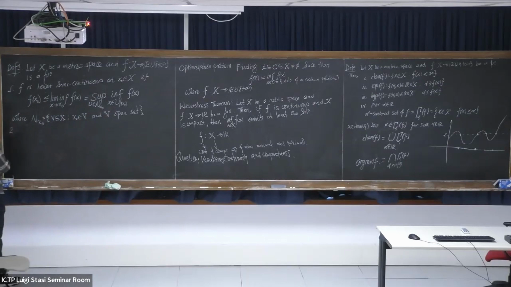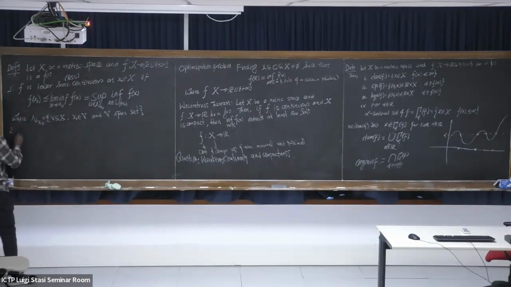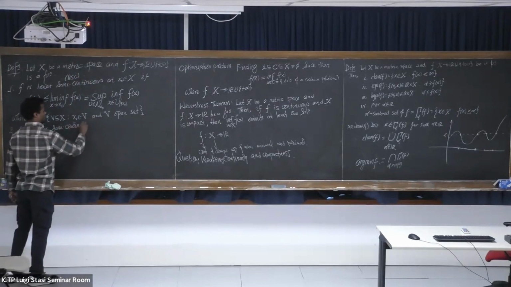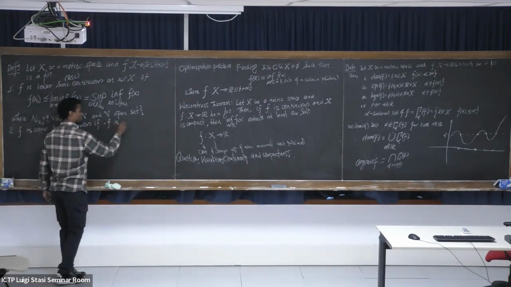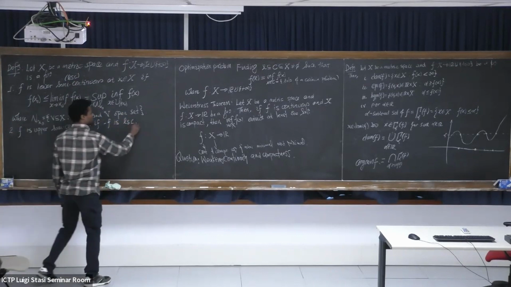F is lower semicontinuous. In short, I will use this one. F is upper semicontinuous if minus F is lower semicontinuous.